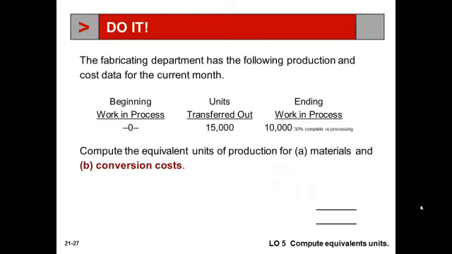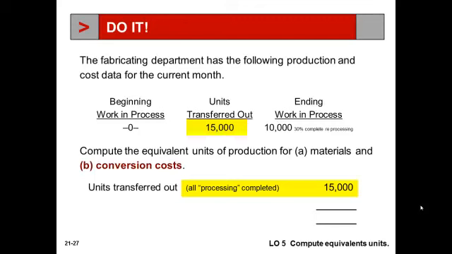Let's now switch to a calculation of equivalent units for conversion costs, same example. Units transferred out, 15,000 units. Again, they're only transferred out because they're fully complete with respect to conversion. First calculation, 15,000 units.